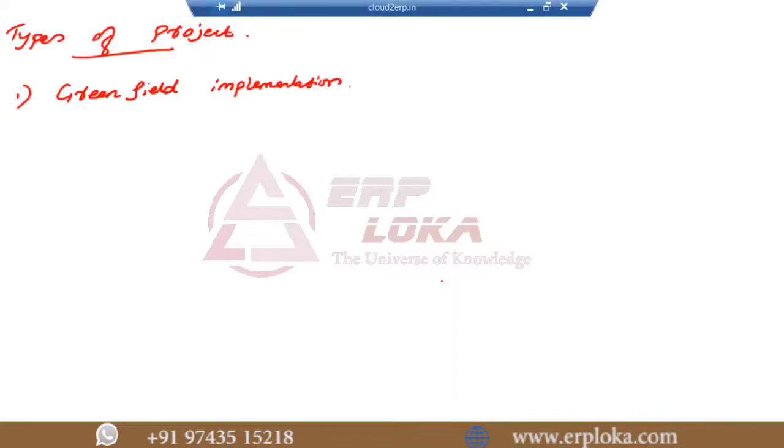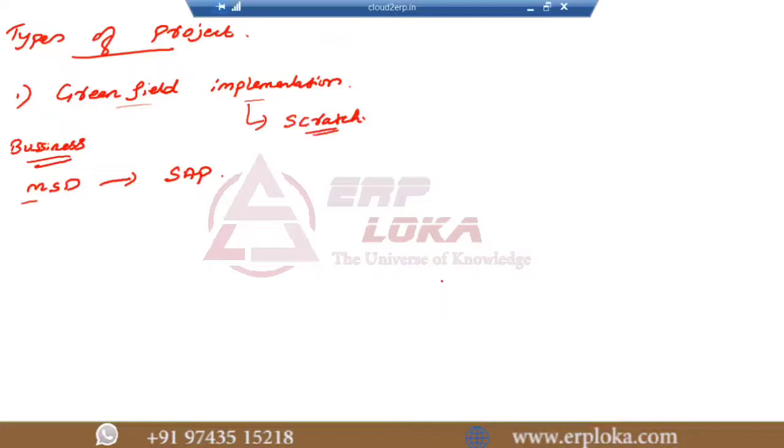Greenfield implementation is nothing but whenever the business does not have SAP, they are using some Microsoft Dynamics and they want to implement SAP in their business. Then converting their system from Microsoft Dynamics to SAP is called a greenfield implementation. In greenfield implementation, you are going to start the implementation or the configuration from scratch. You will not have anything in the system.